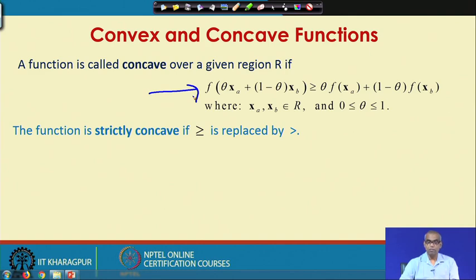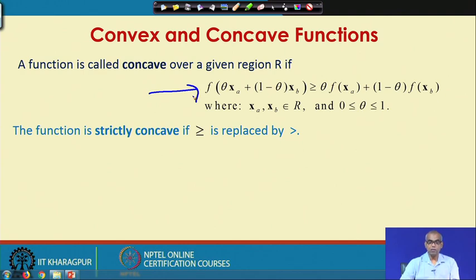Then if the function value of theta xa plus (1 minus theta) xb is greater or equal to theta times f of xa plus (1 minus theta) times f of xb, then the function f is concave over the region R.